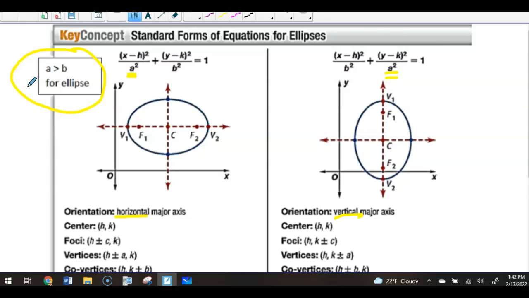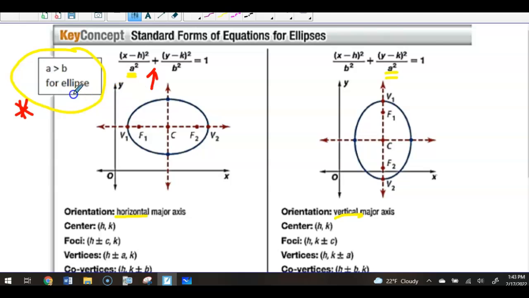Hopefully you have out your reference sheet on conics. This is a super important little box that reminds you the difference between an ellipse equation and a hyperbola equation. The first difference is if it's a hyperbola, it's minus in here. If it's an ellipse, it's plus.